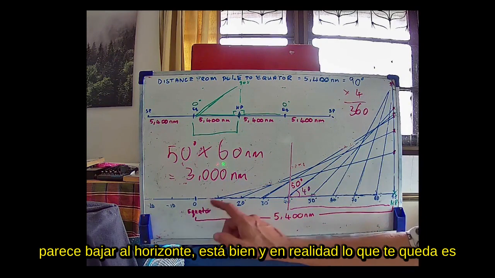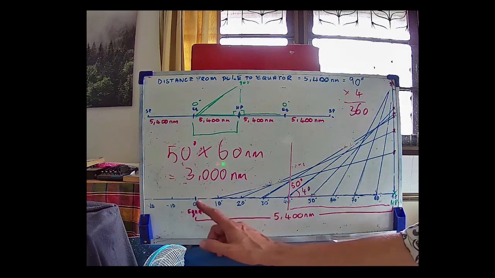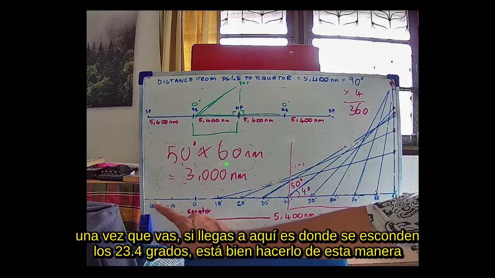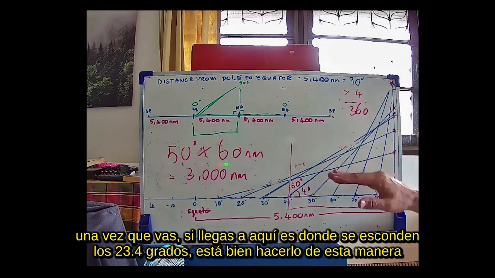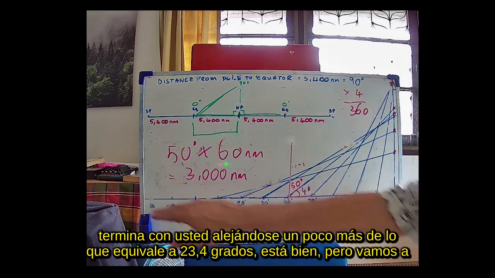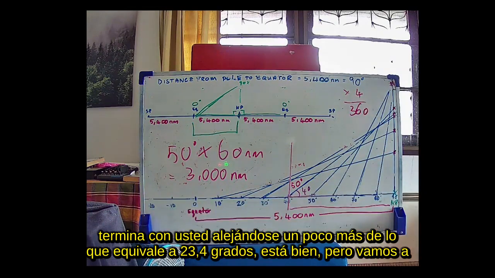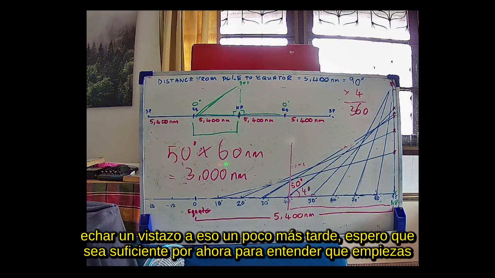And actually what you end up being left with is, once you get to this, this is where the 23.4 degrees is hidden, okay? Doing it this way ends up with you getting a little bit further away, that it equates to 23.4 degrees, okay? But we'll have a look at that a little bit later.